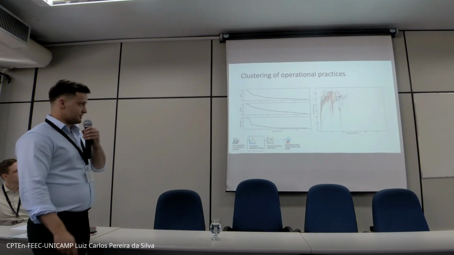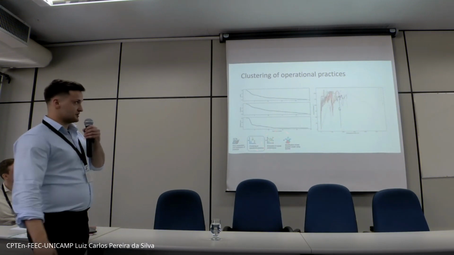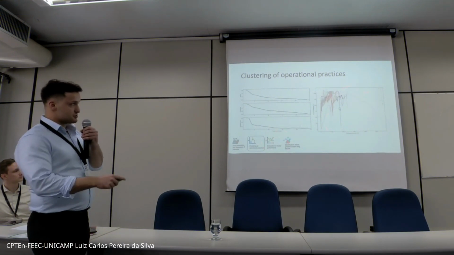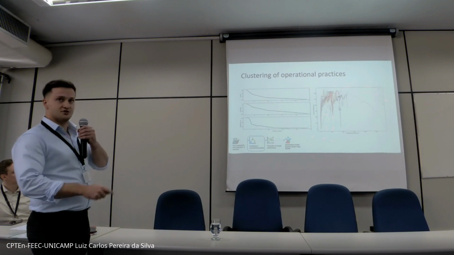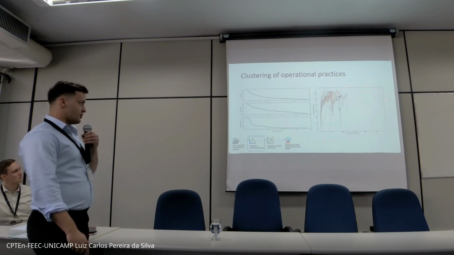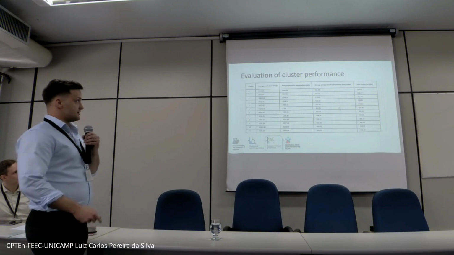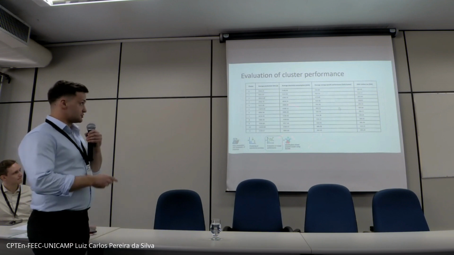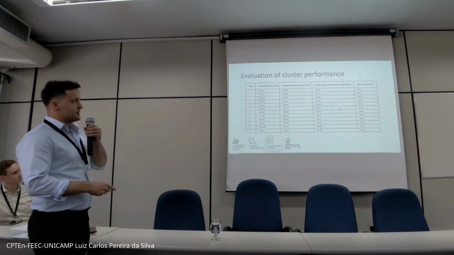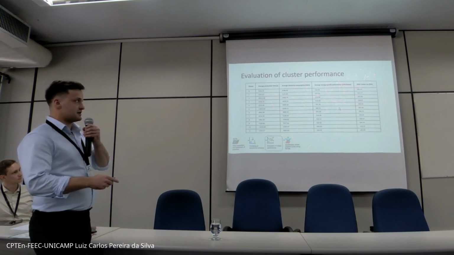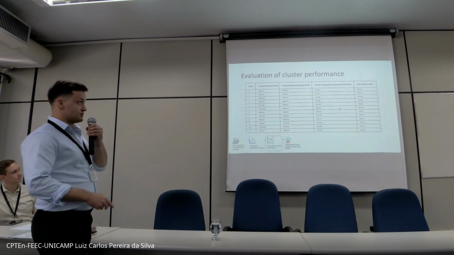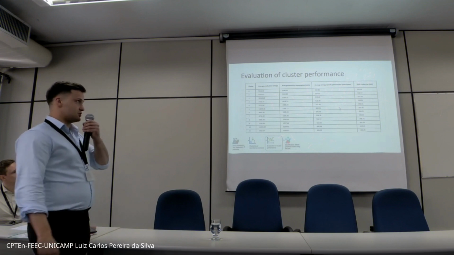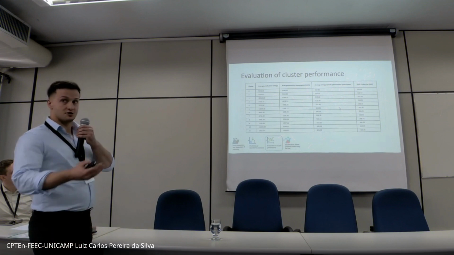Coming into the evaluation of the cluster performance, the next step here, we have identified 12 clusters. Now we want to evaluate how each of these clusters generally perform. We evaluate this based on production time, electricity consumption, and energy-specific performance. The energy-specific performance is an important KPI for the foundry, because this measures how much electricity they use per ton of melt.